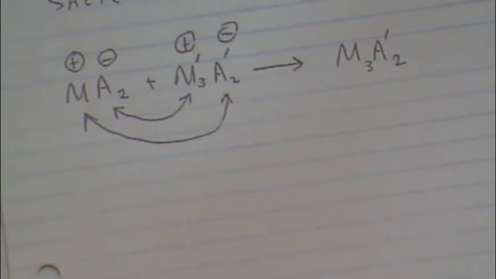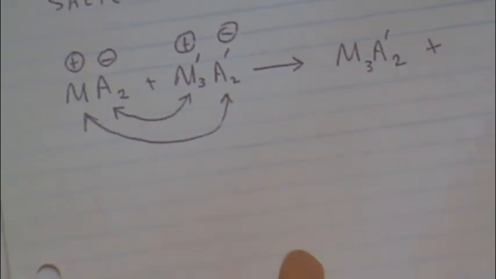Phosphate, 3 minus. What do you do? Isn't it right? So you write barium phosphate. Isn't that right? I didn't do anything else.